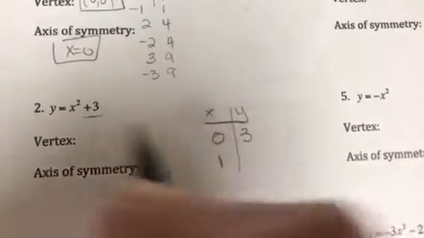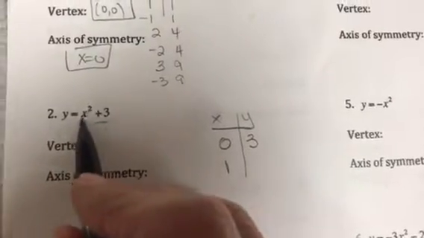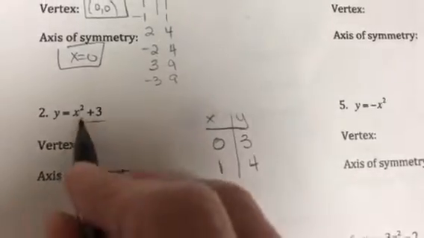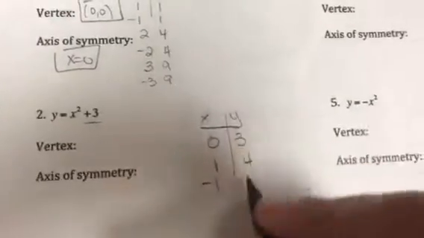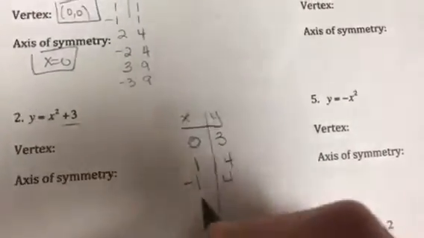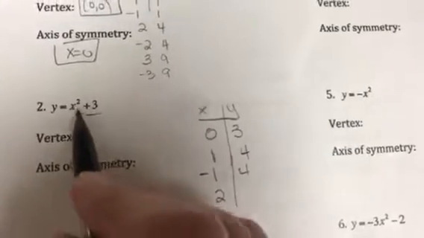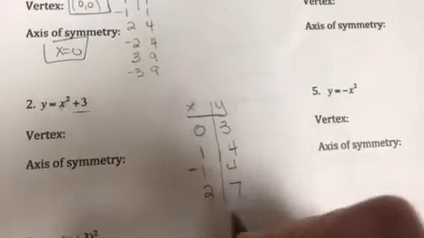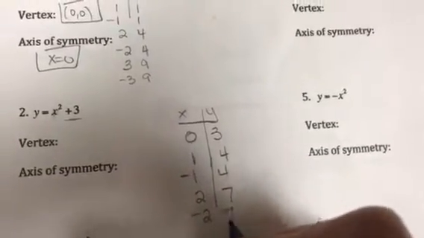If I plug in 1, 1 squared is 1, 1 plus 3 is 4. If I plug in negative 1, I'm going to get 1 plus 3 is 4. Let's plug in one more. If I plug in 2, 2 squared is 4, 4 plus 3 is 7. And again, if I plug in negative 2, out pops 7.